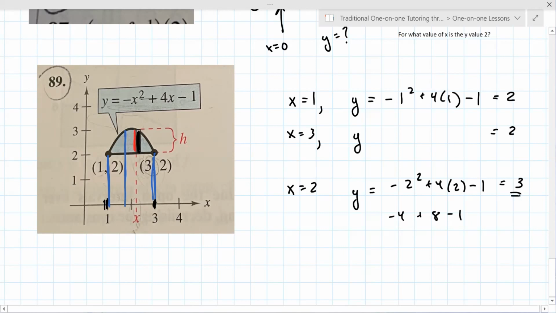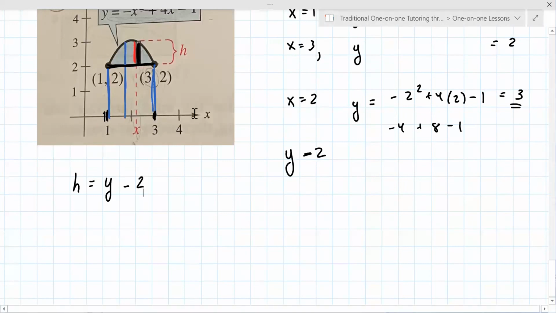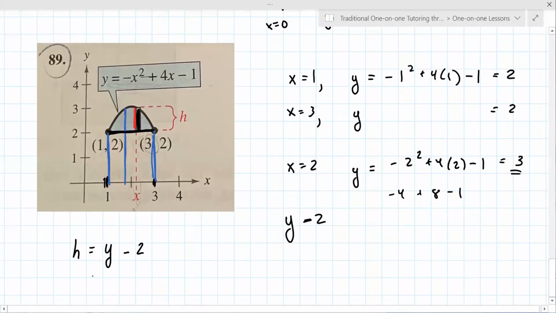The output is 3, so you take the y value and subtract 2, because that's this base here. So the height is always the y value minus 2, and the y value is this function here. So it's minus x squared plus 4x minus 1 minus 2, and then you simplify that.